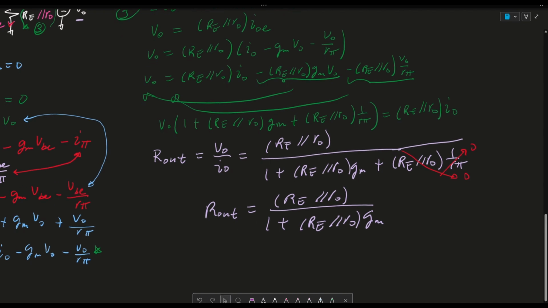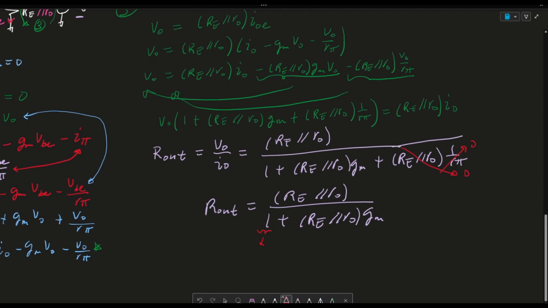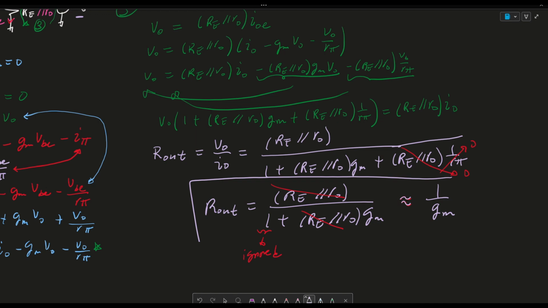And most of the time, this 1 can be ignored. As a result of this, we get RE in parallel with RO over RE in parallel with RO times gm, and we can cancel these two. So you're going to see in most textbooks that R out of a common collector is simply 1 over gm. So this is your answer.